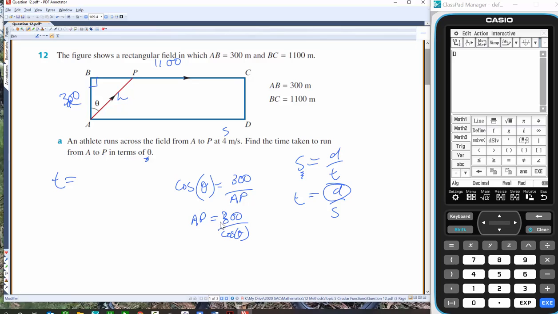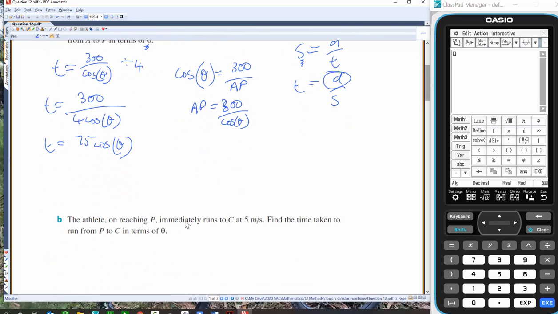So that's the distance of line AP, and we're going to divide that by the speed, which is divided by 4, or multiply it by a quarter. So that's going to be 300 over 4 cosine theta, 75 over cosine theta after we simplify.